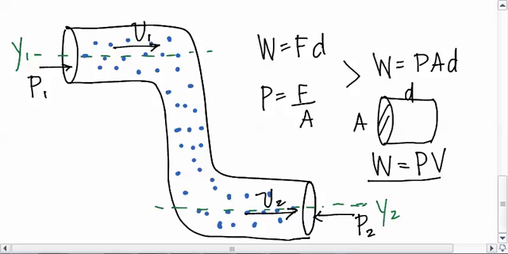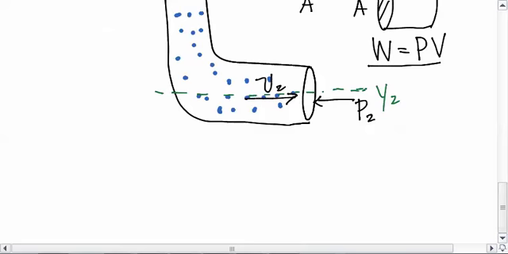So it must be non-conservative because it's not gravitational force causing the pressure, and it's not a spring force, and it's not an electric force. So we have the work done by a non-conservative force. Do you remember this? This is like reviewing for your final here. Work done by the non-conservative force is equal to delta K plus delta U, the change in potential energy.